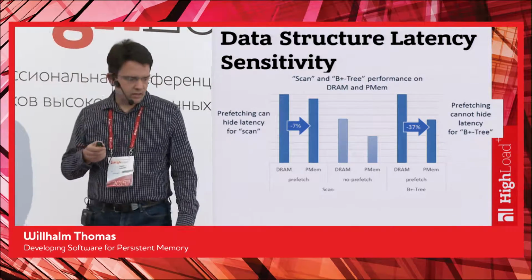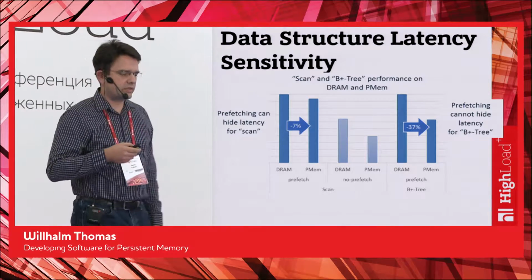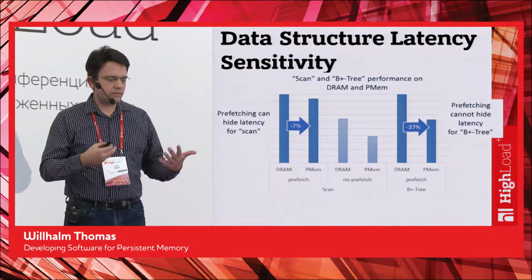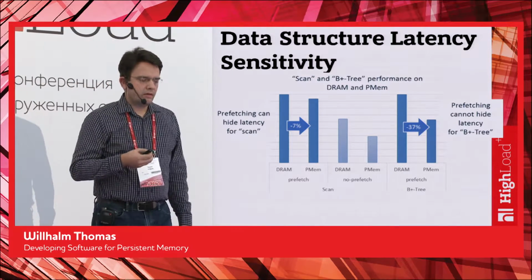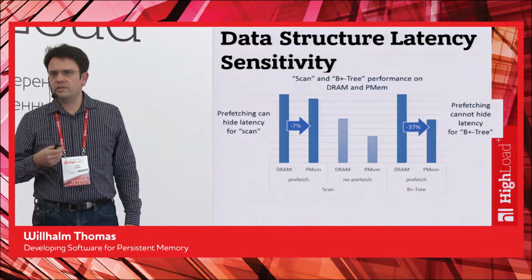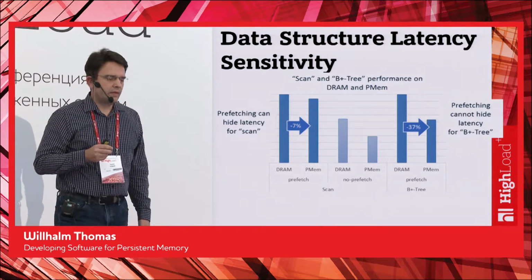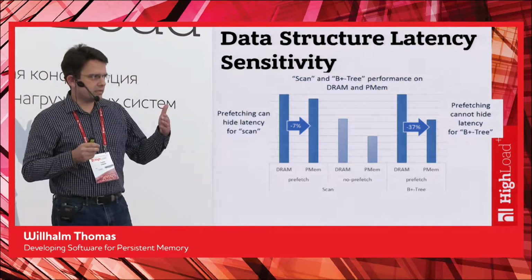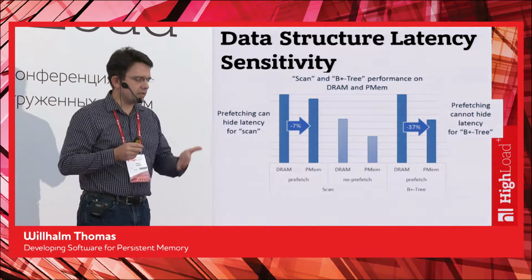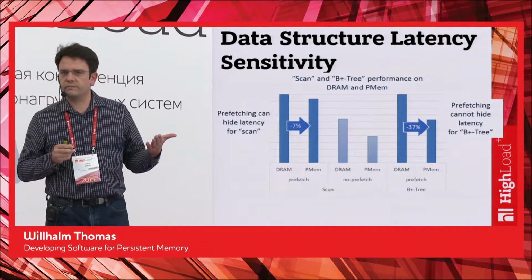These are two data structures compared. On the left side, you see a scan through some sort of array, and we have simulated persistent memory, the slower memory, in this context. The latency actually doubles here, but the performance drop is only 7%.